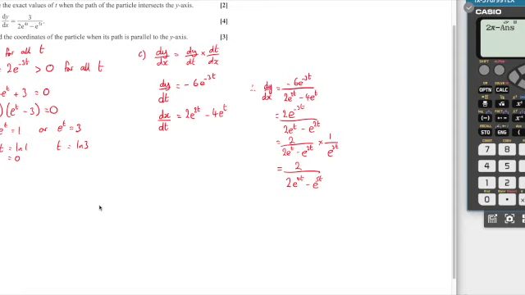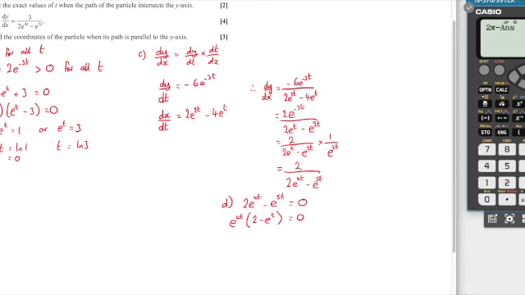So that means the bottom of my gradient is equal to 0. So therefore, we can say 2e to the 4t minus e to the 5t equals 0. We can take a factor of e to the 4t out. We've got 2 minus e to the t is equal to 0.